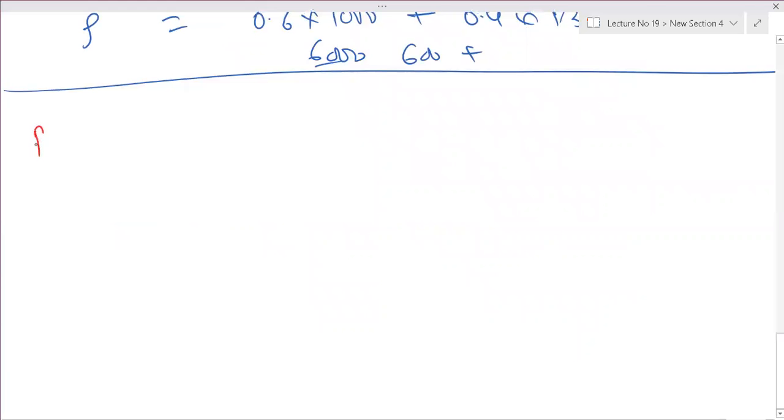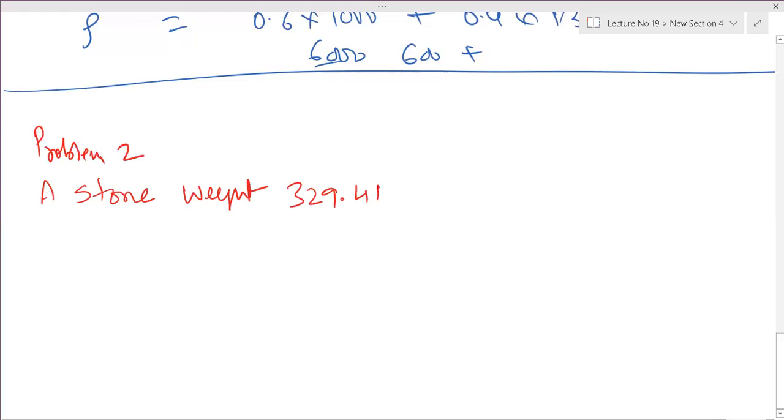Next question is problem 2. A stone weighs 392.4 Newton in air and 196.2 Newton in water.